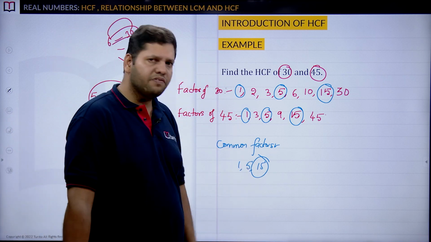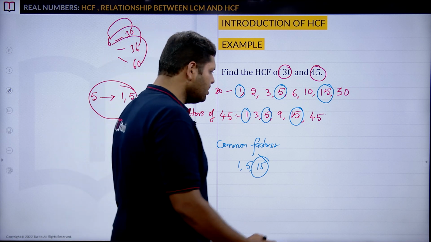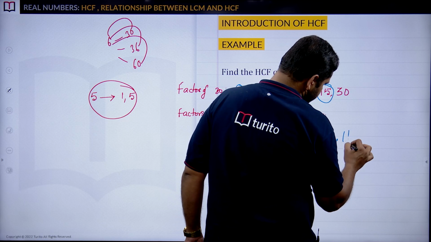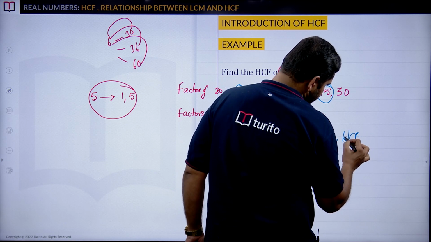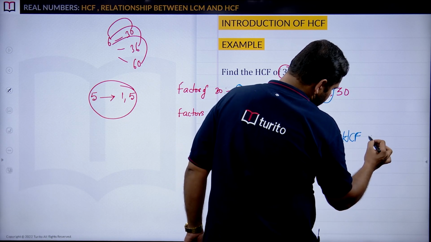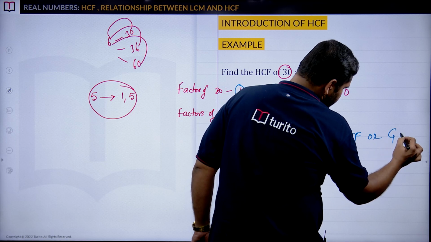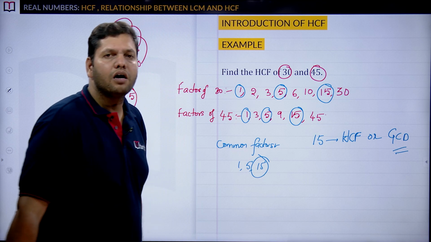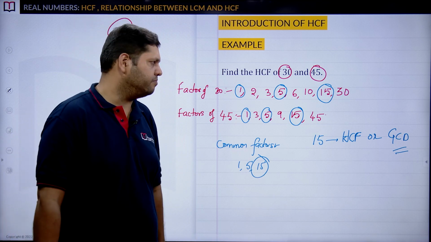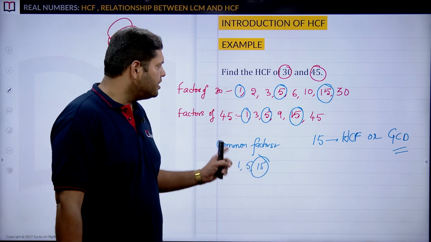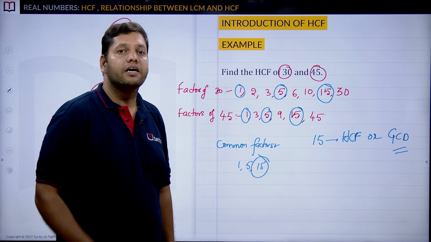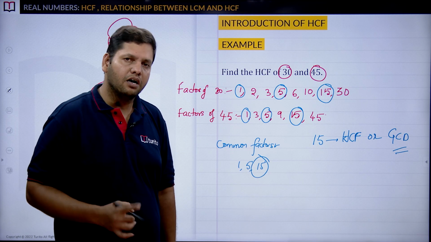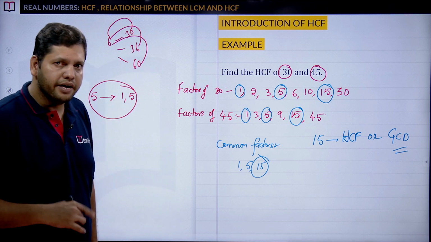So we can say 15 is the HCF, or we can say GCD. Both are the same. See, children, any doubts regarding this? This is the first method, otherwise we can say the basic method for finding the GCD, or HCF.